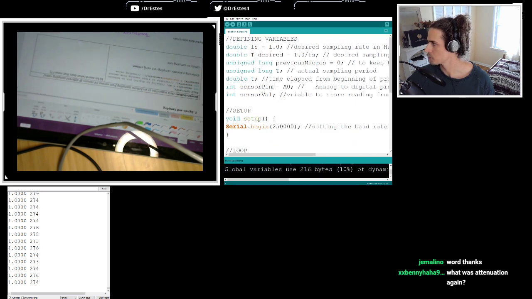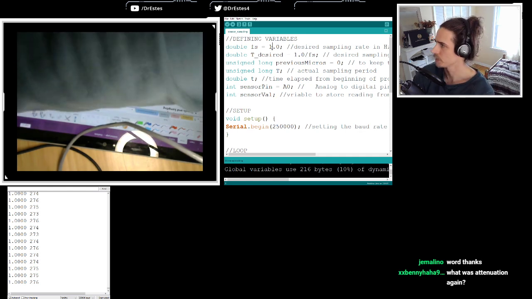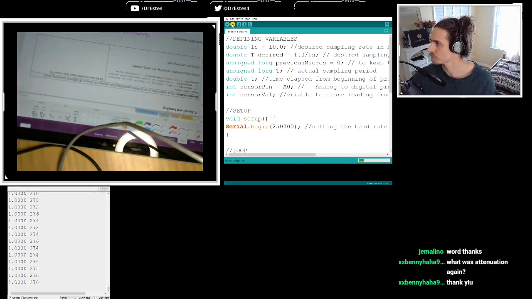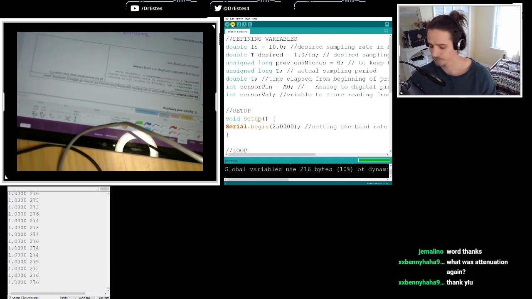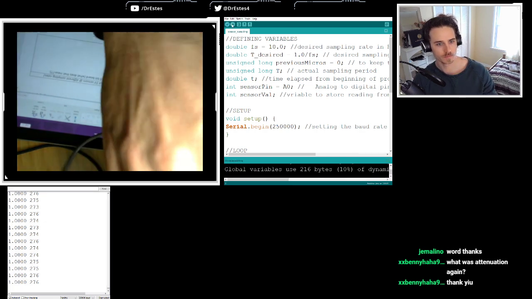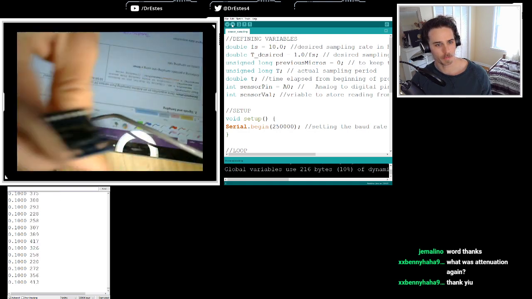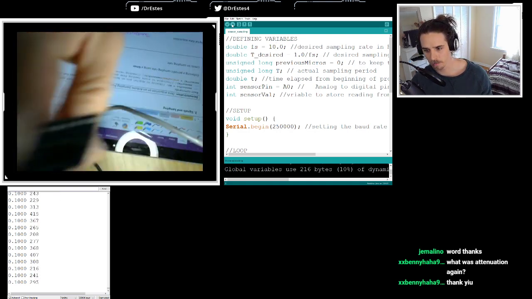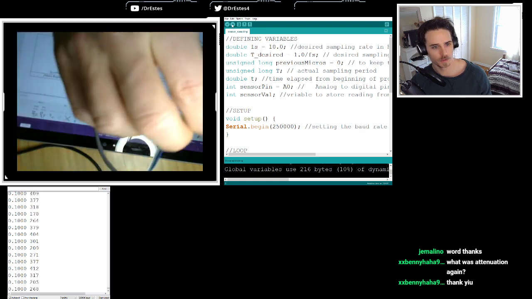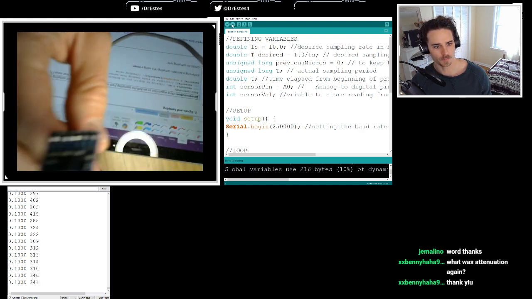All right. So let's increase the sampling frequency. Let's do 10 samples per second. Now I'm moving it back and forth, and you see the sampling period on the left-hand column went down to 0.1.